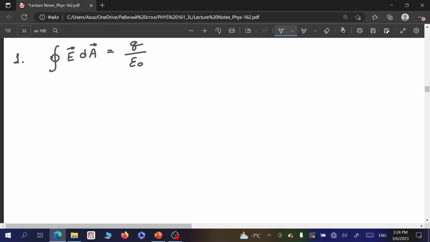So the second equation is similar, but already for the magnetic field. We have the integral over a closed surface of the scalar product of the magnetic field vector times the dA vector, and that is equal to what?